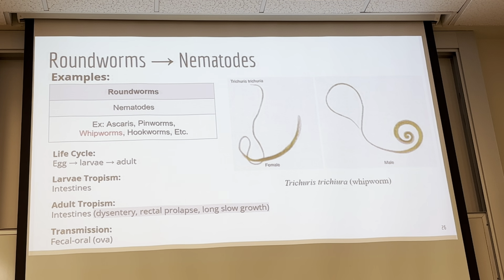The integrity of the colon is damaged because of these helminths living within the tissue. So it can come out of the anus, which I can't imagine is very pleasant. Long, slow growth, so somebody can have these for a very long time.